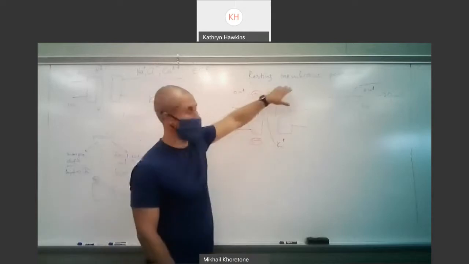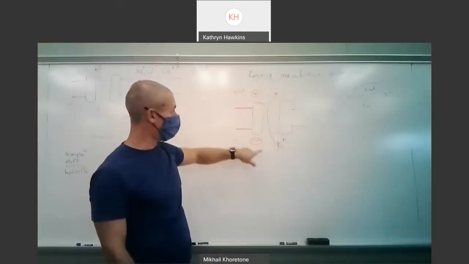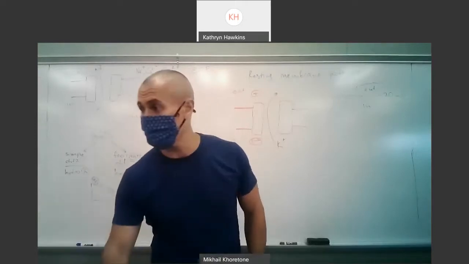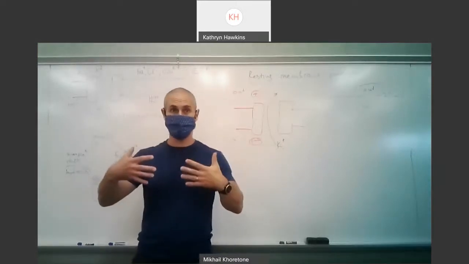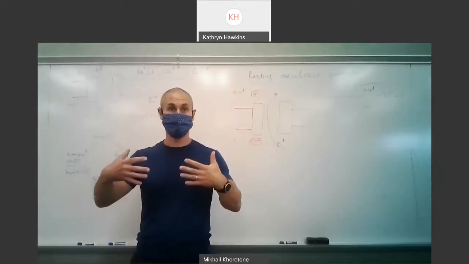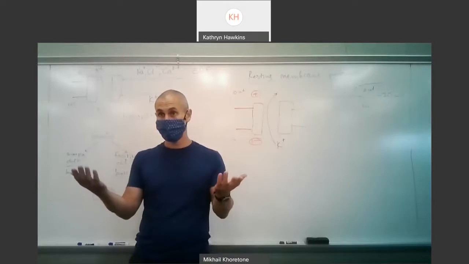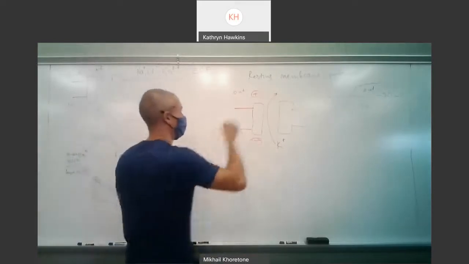Now we have positively charged potassium here outside, and inside is negatively charged. How do positive and negative charges interact with each other? Opposite charges attract.